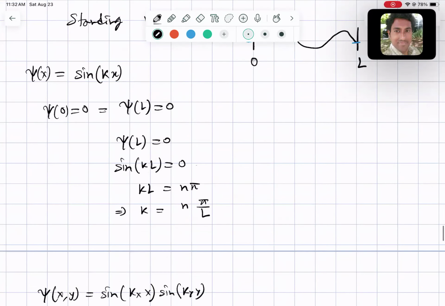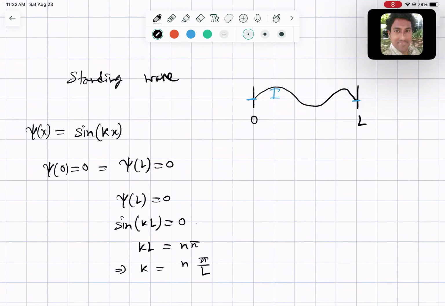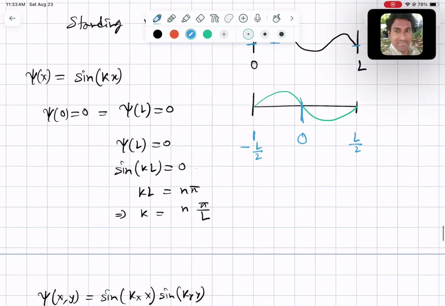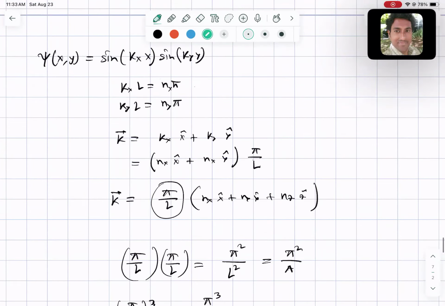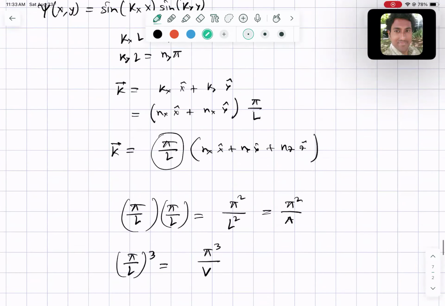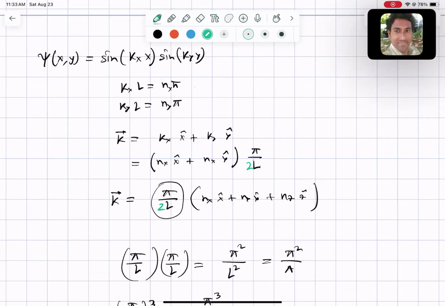Now, this boundary condition 0 to L is one way of writing it. Another way of writing it is marking the middle point as 0 and having the boundary run from minus L by 2 to plus L by 2. If you have L by 2 there instead of L, everything remains the same except you have 2 here, twice L. Okay.